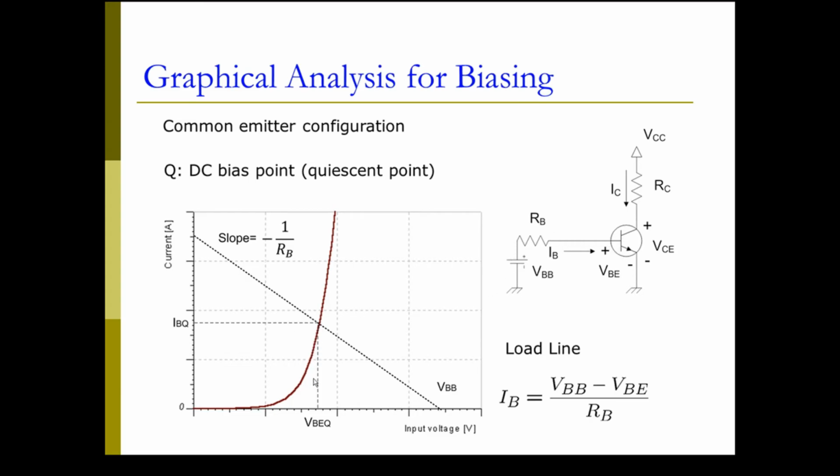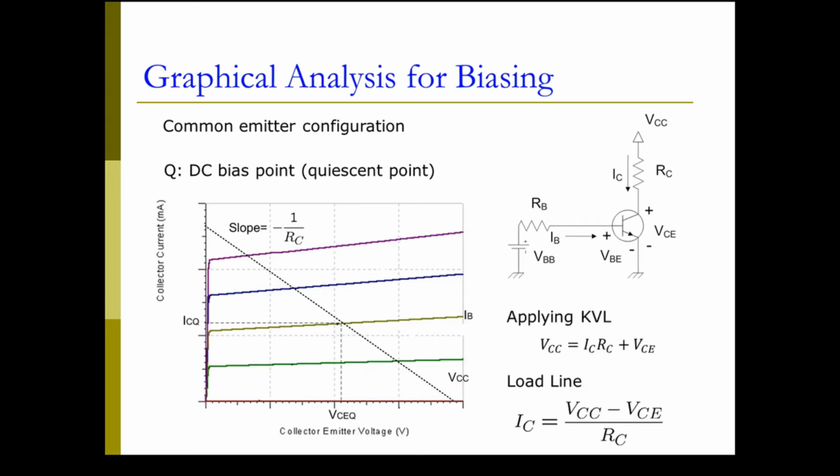This gives us the VBEQ here, the EBJ voltage, and also gives us how much current, which we call IBQ, gets into the base. Now using this graphical approach, we will be able to figure out where our DC bias point is at the base. And we can also use the graphical approach to figure out what the biasing point is at the collector side.